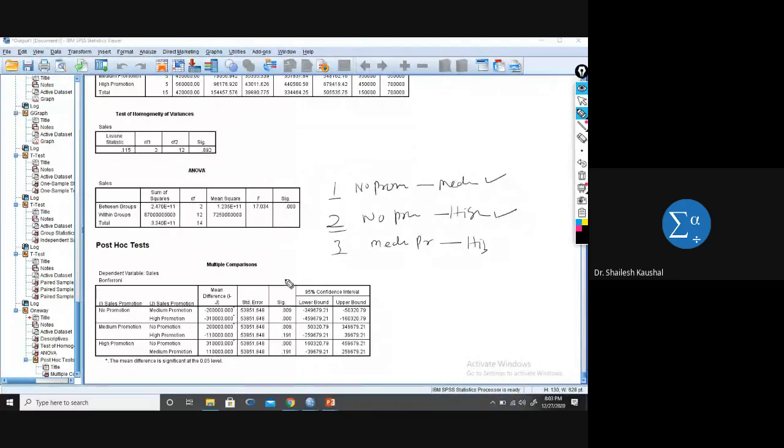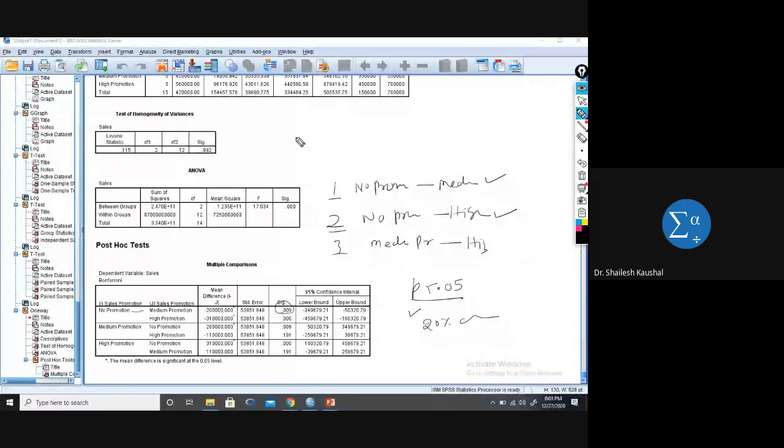Now what is the value? No promotion with medium, what is the significance value? This is 0.009, p value less than 0.05. It means there is a significant impact. If you give a 20% discount, your sale significantly increases.